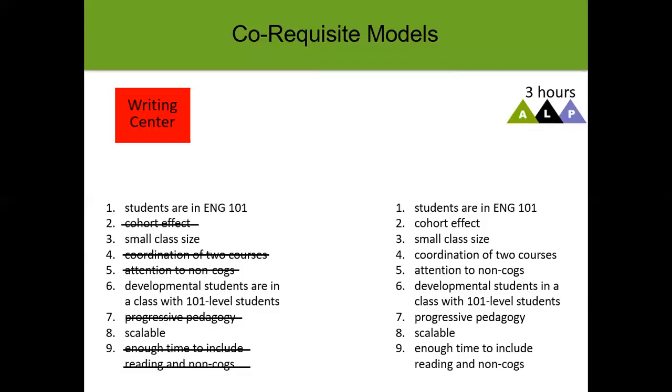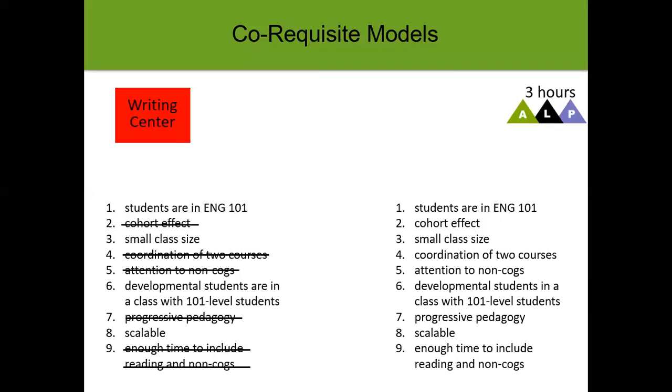We don't get the cohort unless you have a really well-trained Writing Center where the tutors really know what's going on in every section of English 101. You just don't get the kind of coordination you get when the developmental work is being done by the same instructor who is teaching English 101. Most tutors in Writing Centers have no preparation to address non-cognitive issues.